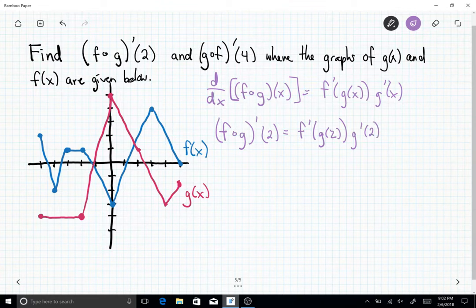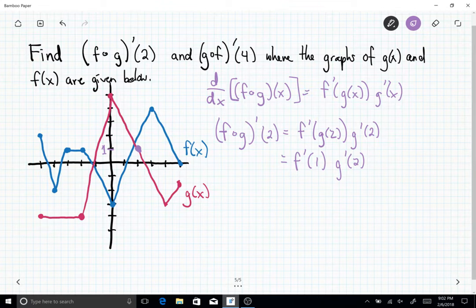So first off, let's look for g of 2. Here's g of x, that red one, and then it looks like when x equals 2, what pops out is 1. So we can rewrite this as f prime of 1 times g prime of 2.